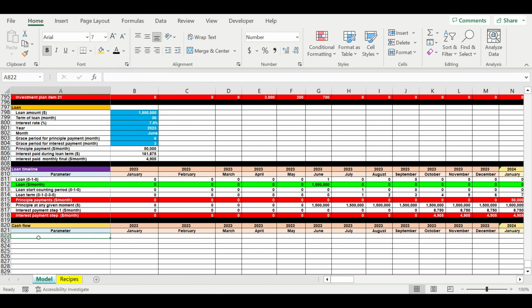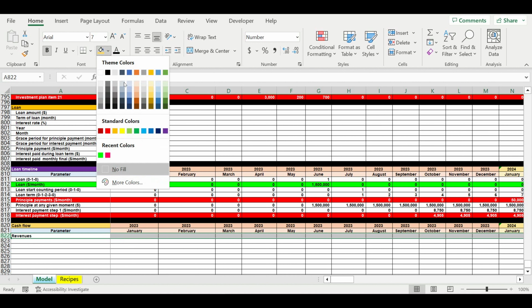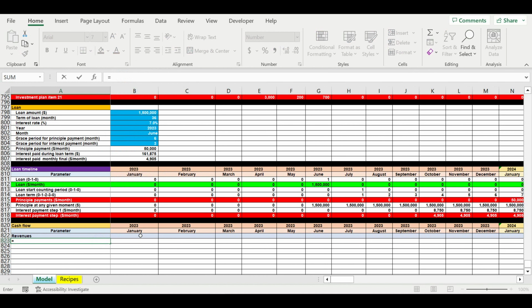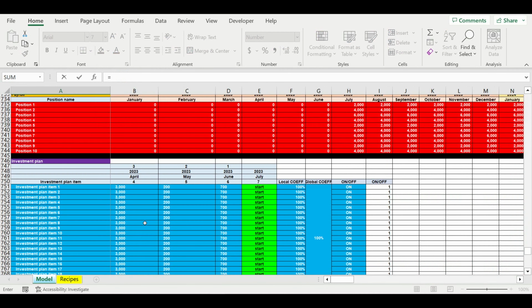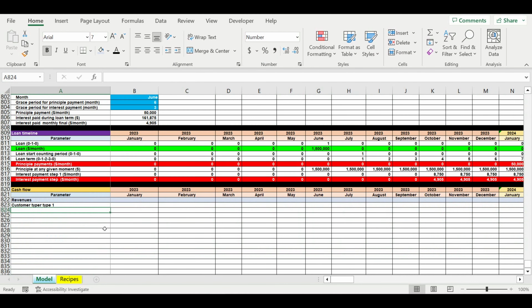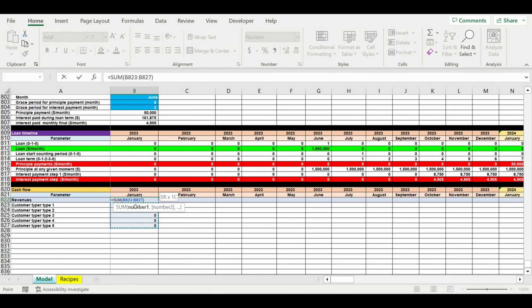So we're starting with revenues. And what we're doing now, we're just going up, searching for the green lines which represent the revenues. So these are the revenues. Now we are creating totals for the revenues.